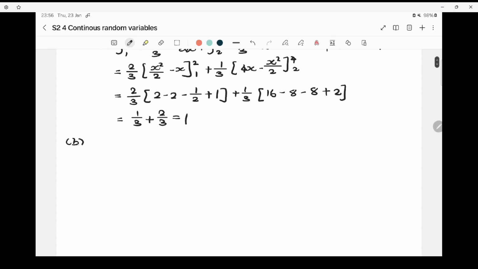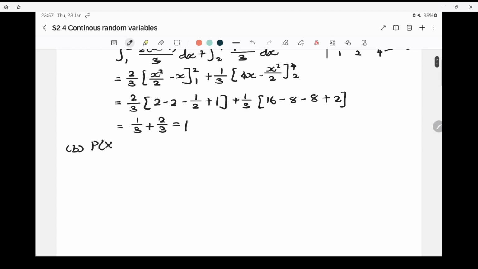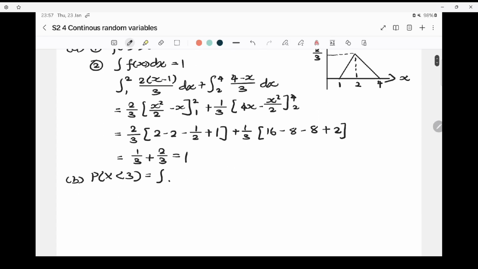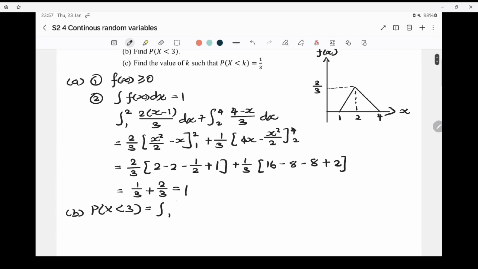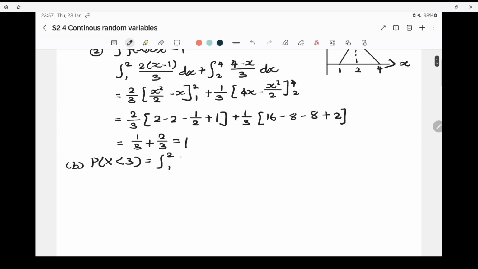So the second one, find P(X smaller than 3). This will be equal to integrating from the lowest point of your domain, which is 1, up to 2, because of the piecewise function. So you always need to take care of the piecewise function accordingly.